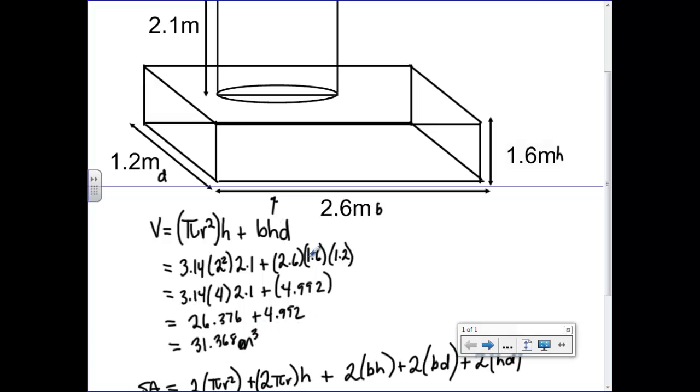You can see how I combined the two. It's okay if you didn't combine the two, but you can see how I might speed things up.